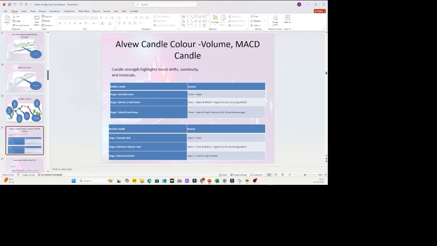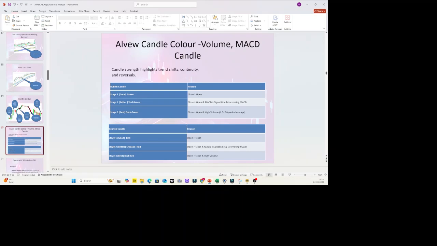And the dark green candle appears when close is above open and volume is high, like 1.5 times the average volume of the past 20 periods.